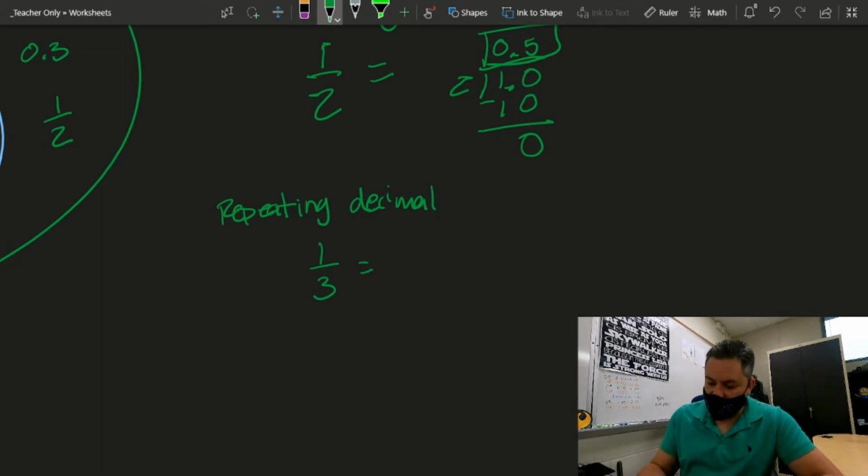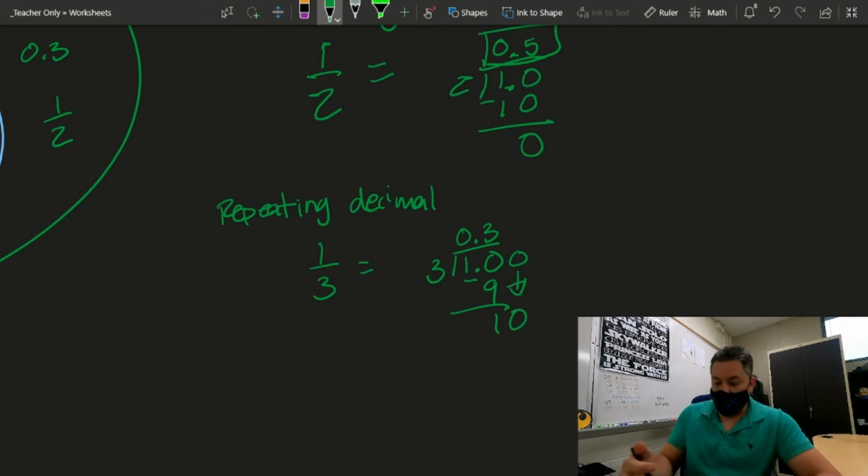When you divide, you get 1 inside, 3 outside. 3 doesn't go into 1, so you put a 0, decimal, 0, bring the decimal up. 3 goes into 10 3 times. 3 times 3 is 9, and when you subtract, you get 1. My remainder is not 0, so I have to keep going. I add another 0, bring it down, and I get 10. 3 goes into 10 3 times. 3 times 3 is 9. You subtract and you get 1.